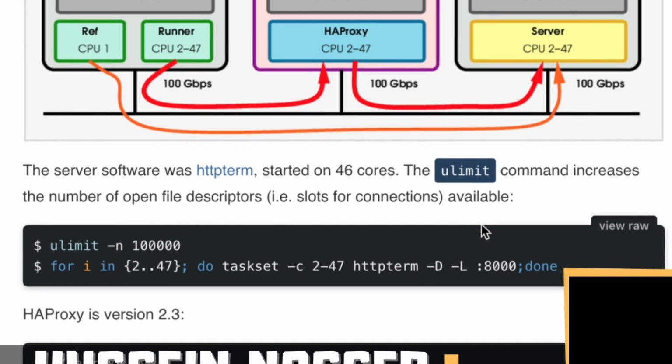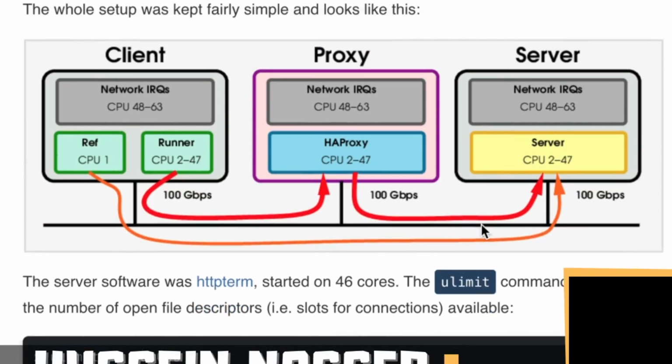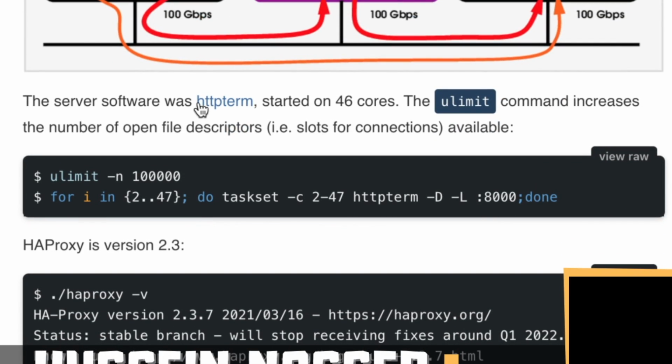So obviously, the first thing to do here, if you have 46 cores to work with for HAProxy, is look at the backend, the server. There's this thing called httpterm, which is their HTTP server, in the backend. The first thing they do is max out how many connections you can achieve, how many file descriptors.